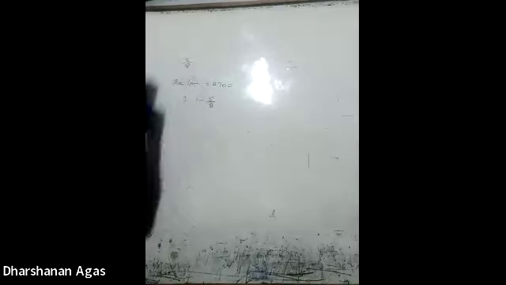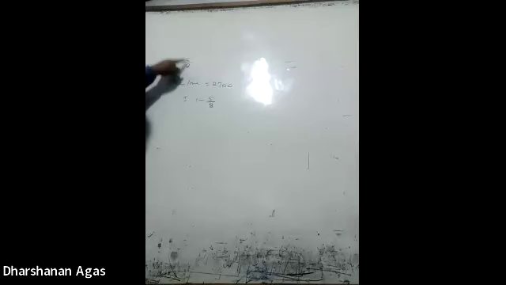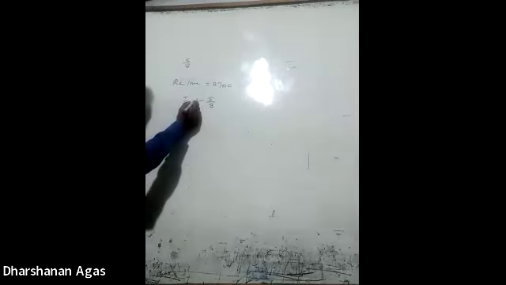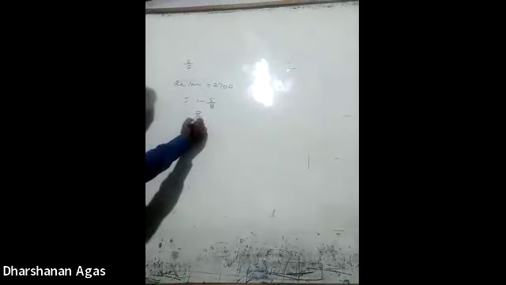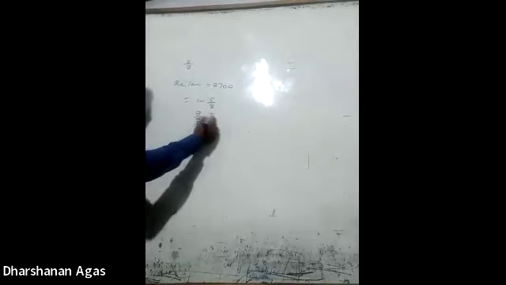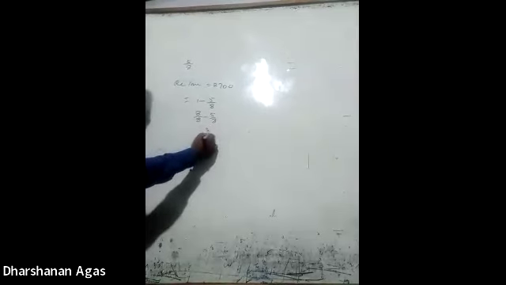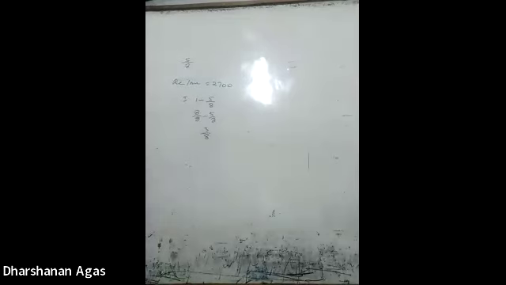Think that it is 8 rupees and he saved 5 rupees. Then he needs another 3 rupees out of 8. So how to get that? Here total 1 means 8 over 8 minus 5 over 8. 8 minus 5 is 3. 3 over 8 is the answer for the first one. He needs to save another 3 portions out of 8, or 3 units out of 8.